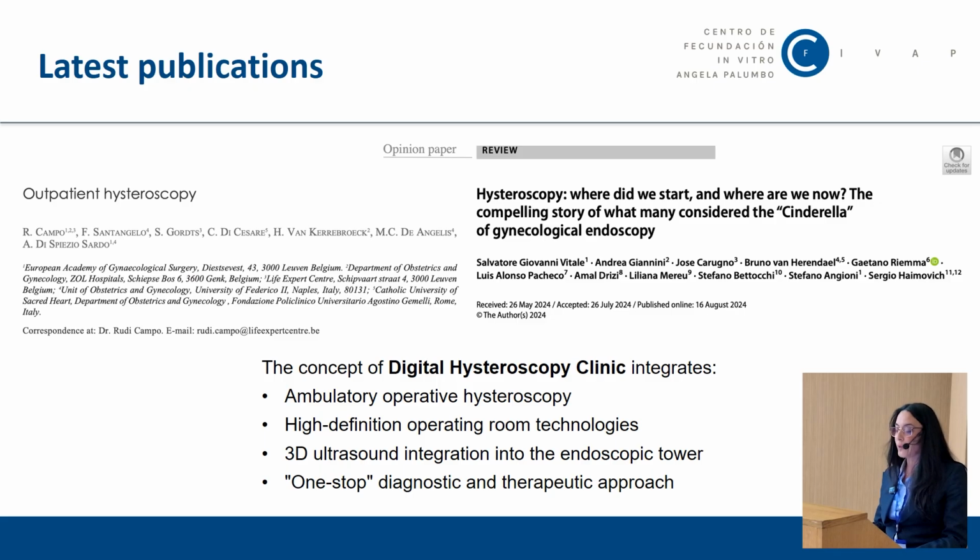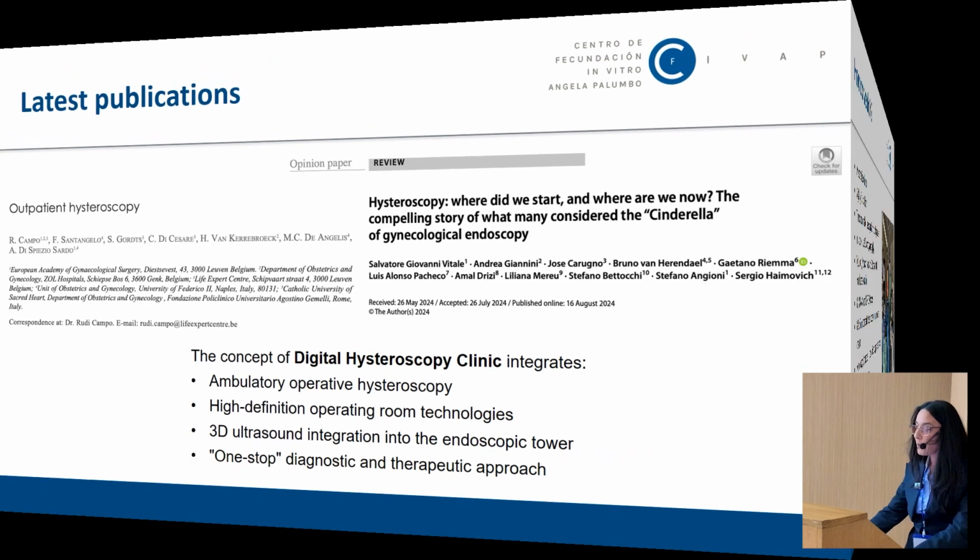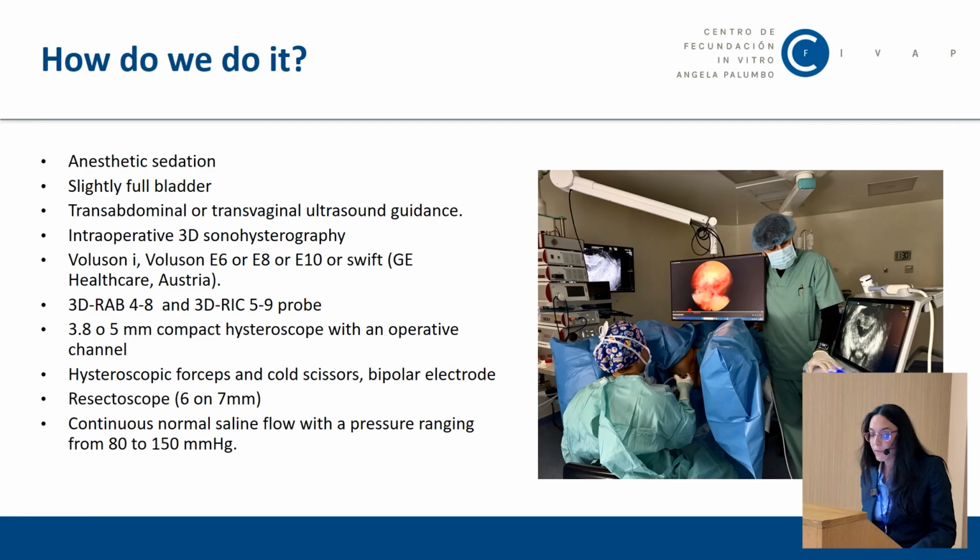Now, how do we do it? We perform hysteroscopy with a slightly full bladder and in some cases with anesthetic sedation. We use transabdominal or transvaginal ultrasound guidance and, where needed, an intraoperative 3D sonohysterography. We use different types of machines with a 3D transabdominal or transvaginal probe and a compact hysteroscope with an operative channel.